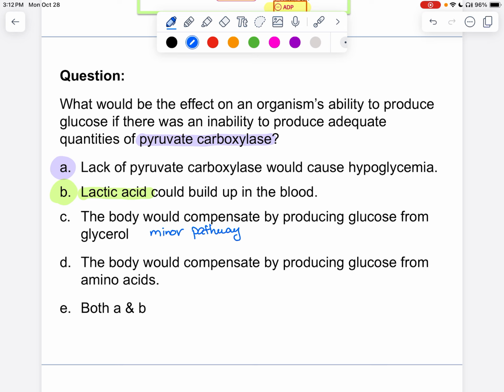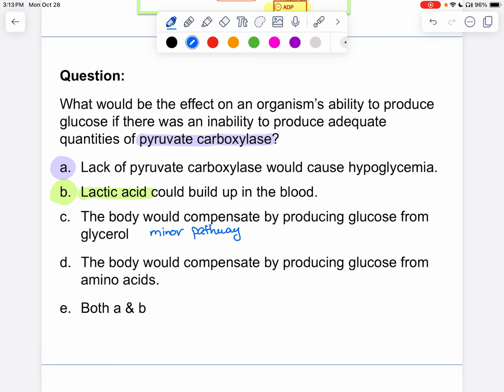All right, D, body would compensate by producing glucose from amino acids. That is also true, that there is a route to get pyruvate from amino acids that could enter into gluconeogenesis and enter in that oxaloacetate area. It's a route, but you would need to have a huge excess of amino acids for it to be one that your body would readily use, or it would have to break down muscle.